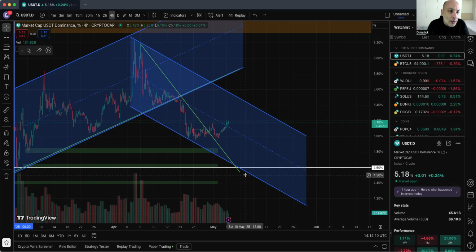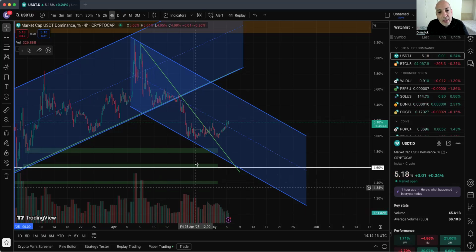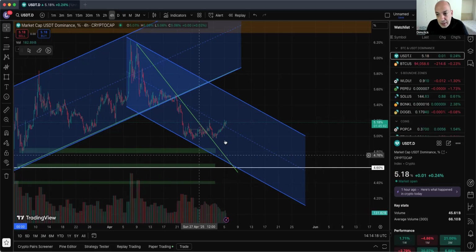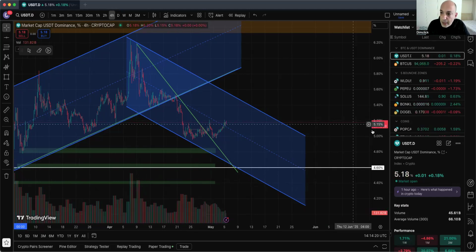So looking at USDT dominance and market cap, you will understand what happens in the price in the whole market.